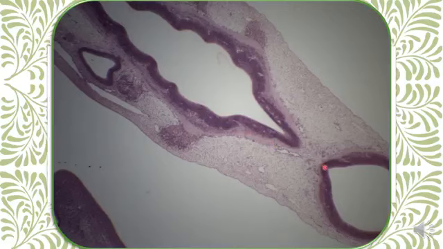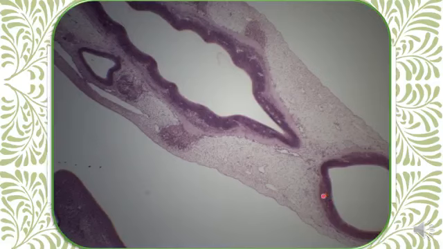On the other side of the neural tube, this is the rhombencephalic isthmus, and this is the midbrain or mesencephalon, round structures, while the diencephalon is an elongated structure.